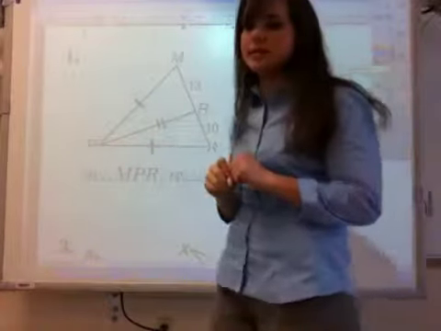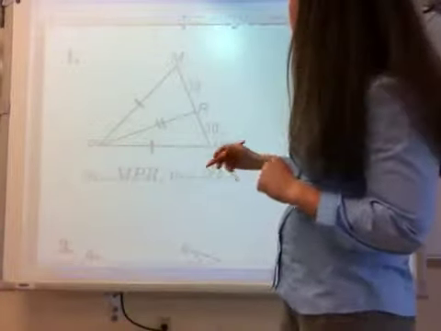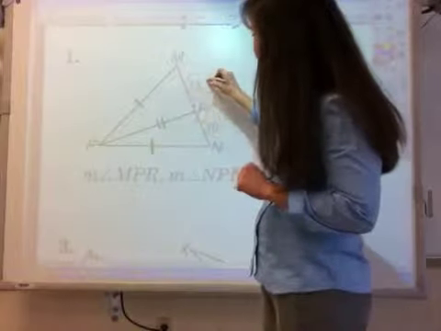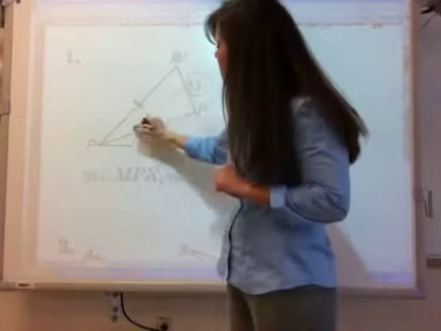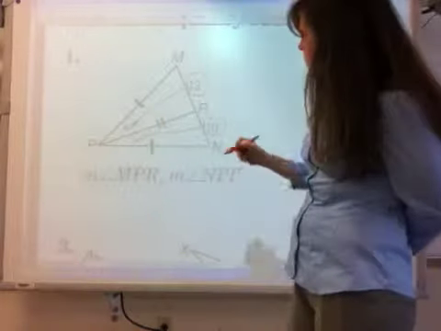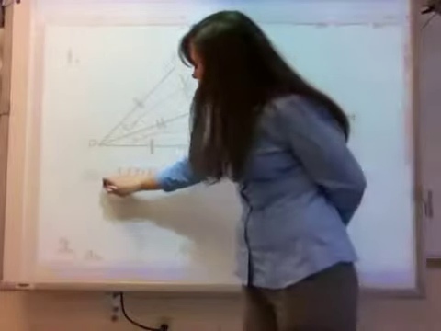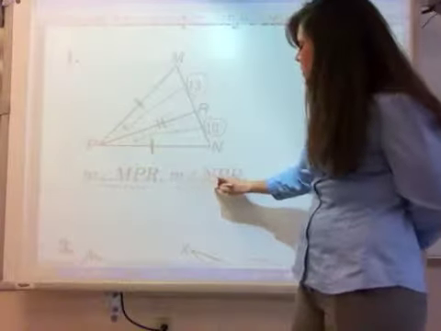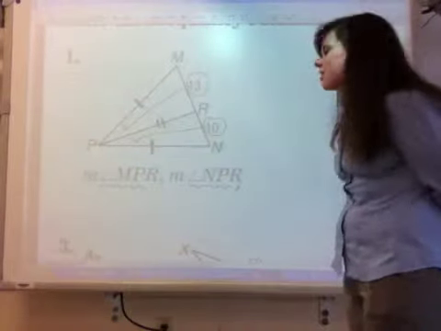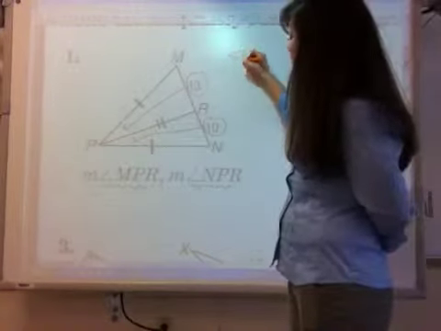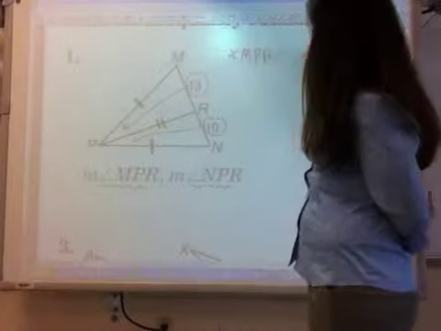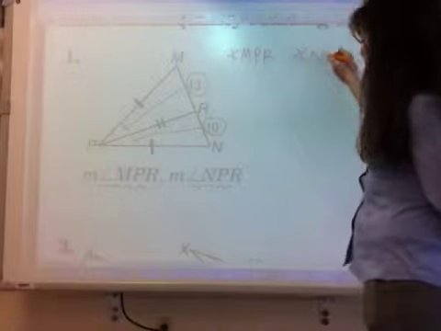There's your two sides. Now, we are going to look at the opposite sides and their corresponding angles in the middle here. Okay? Now, if you will notice, what angles are we going to focus on? Which one is greater and which one is less? We need to focus on angle MPR. We need to focus on angle NPR.